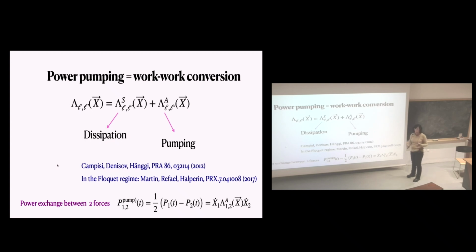Only the symmetric component contributes to dissipation. If you have some protocol for which you calculate all these adiabatic linear response coefficients, and you get only an antisymmetric component, it will be a process where you have some evolution, changes in your system, without dissipation.